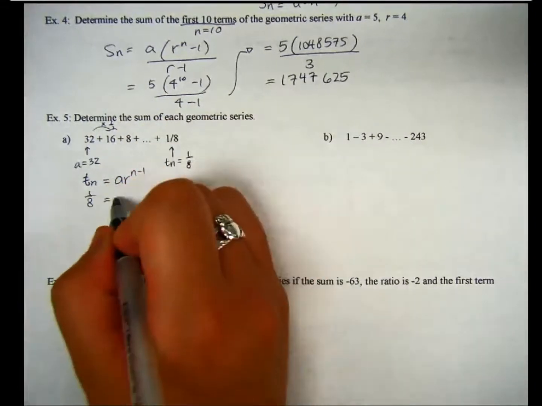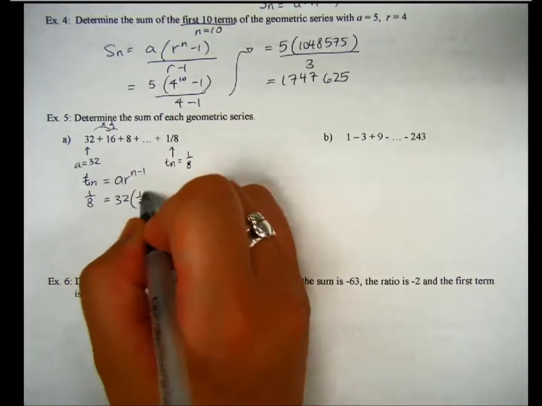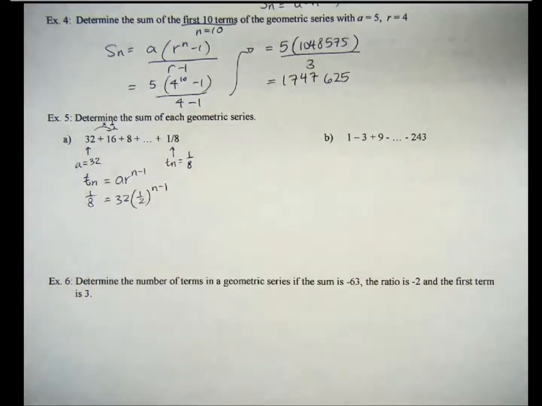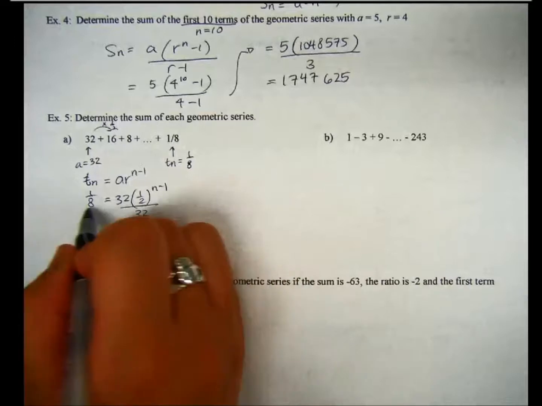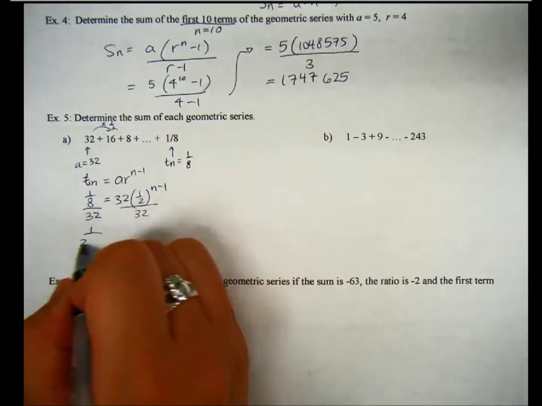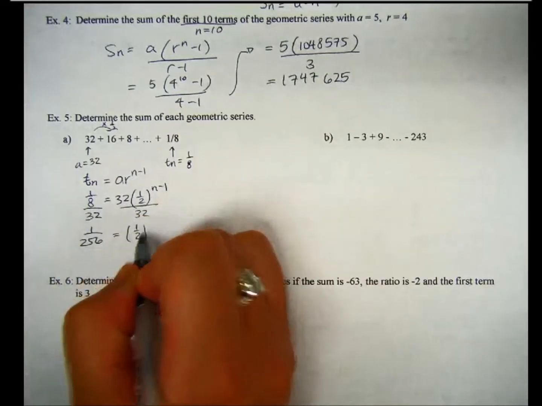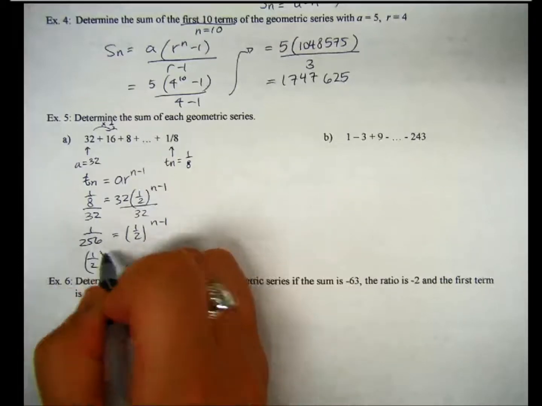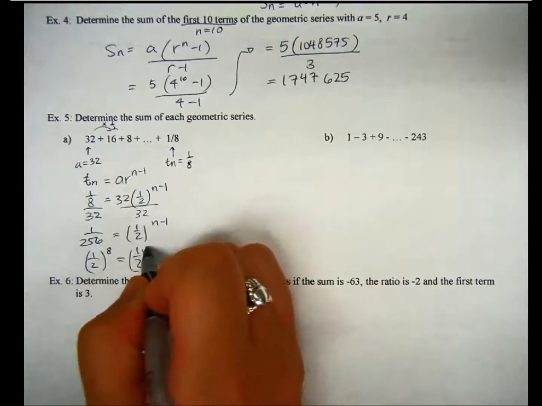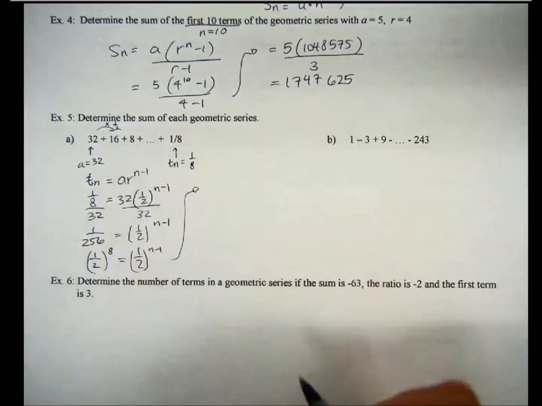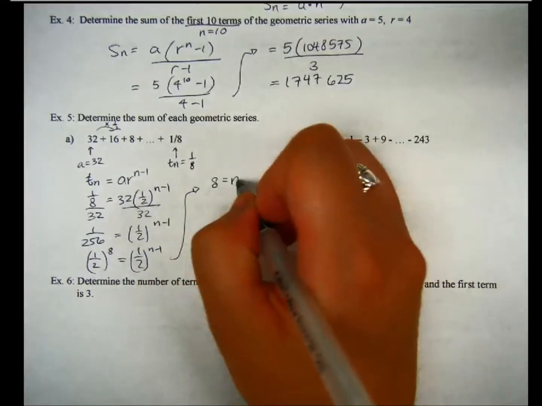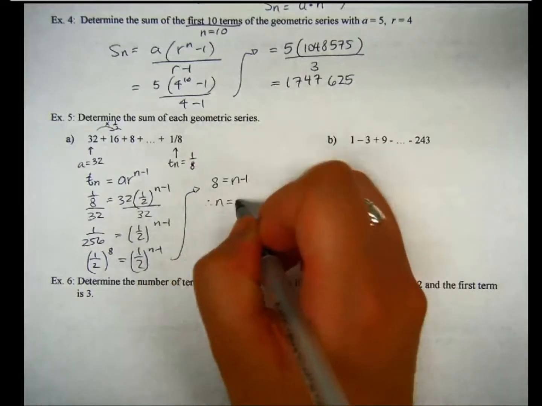Plug in 1 over 8 for Tn, 32 for a, and half for r. Divide both sides by 32. 1 over 256 equals half to the power of n minus 1. 1 over 256 is half to the power of 8. You were using equal bases, remember from Unit 4. So 8 equals n minus 1, so n is equal to 9.